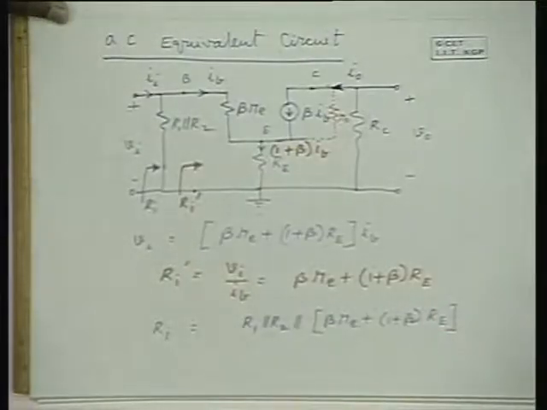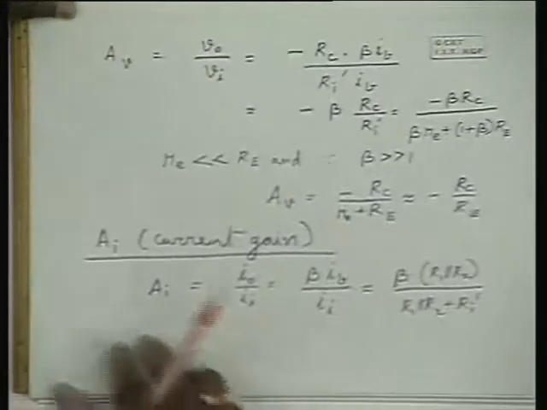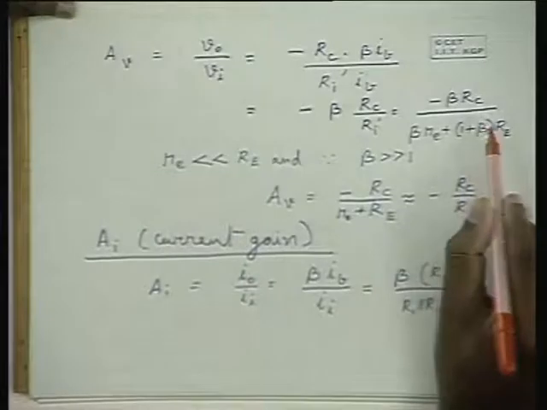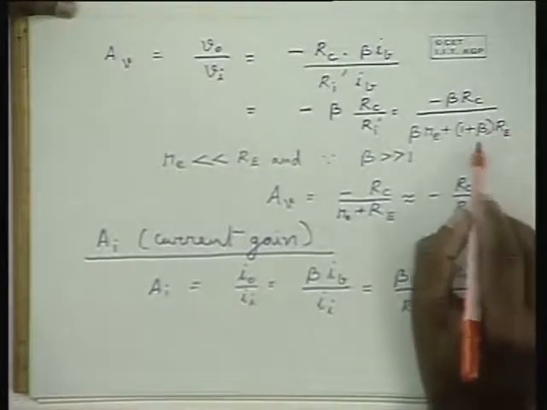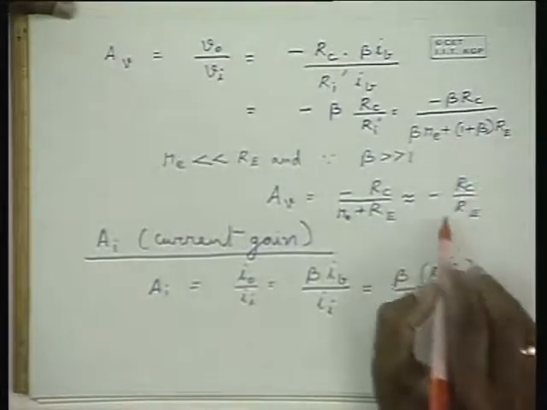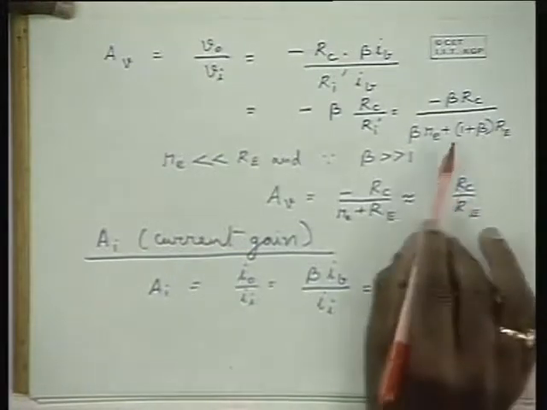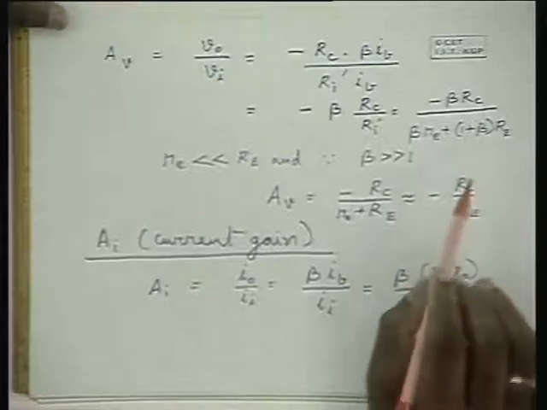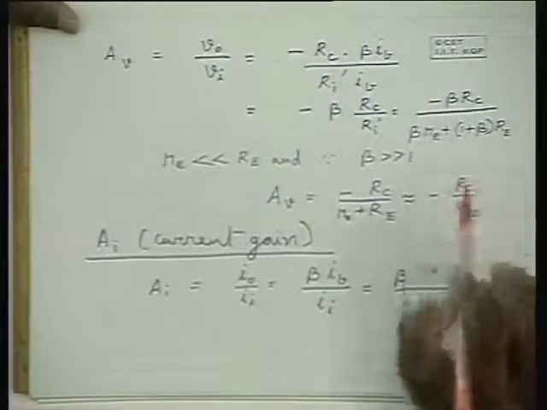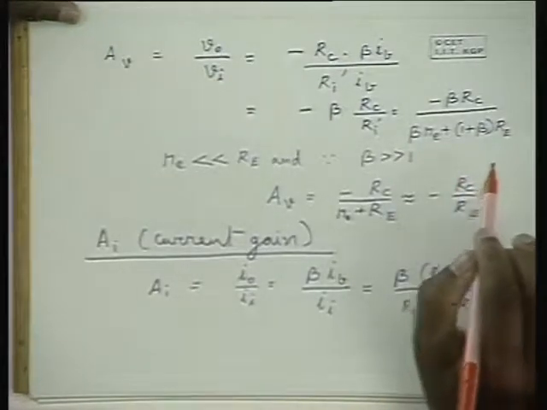So naturally, with a small resistance capital RE here, the voltage gain can be maintained at a reasonable level, and at the same time you can have some stability for the voltage gain. The voltage gain can be made independent of the transistor beta.